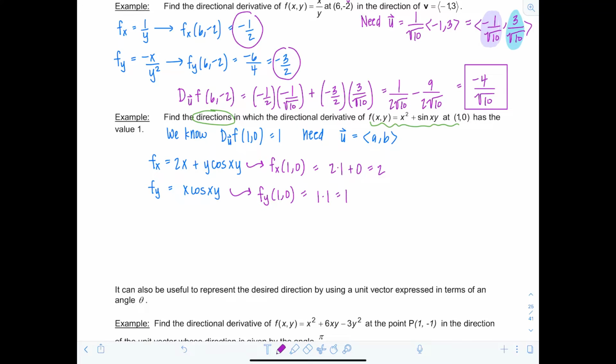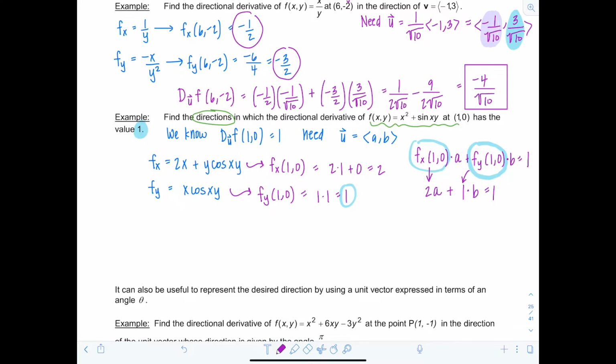All right, well, I know that my partial with respect to x at (1, 0) times a plus the partial with respect to y at (1, 0) times b is equal to, and they told me the value of the directional derivative there is 1, so I can set that equal to 1, which means now I can replace this first quantity with 2, right? Partial with respect to x at (1, 0) is 2 times a plus partial with respect to y at (1, 0) is 1 times b equals 1.